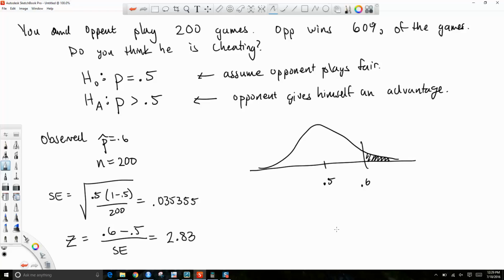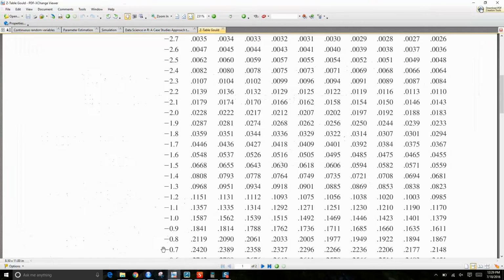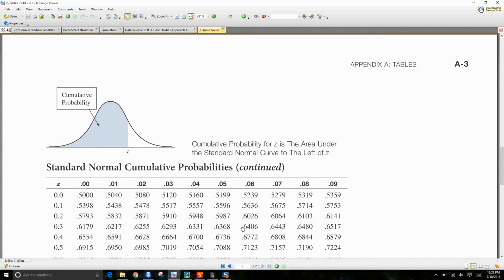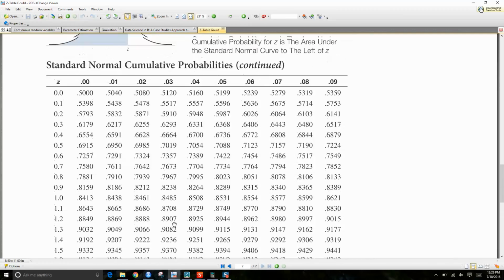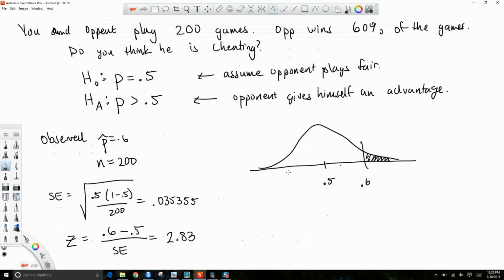Okay, we can look up 2.83 in our z-table. So 2.83 is 0.9977, meaning that we have 0.0023.